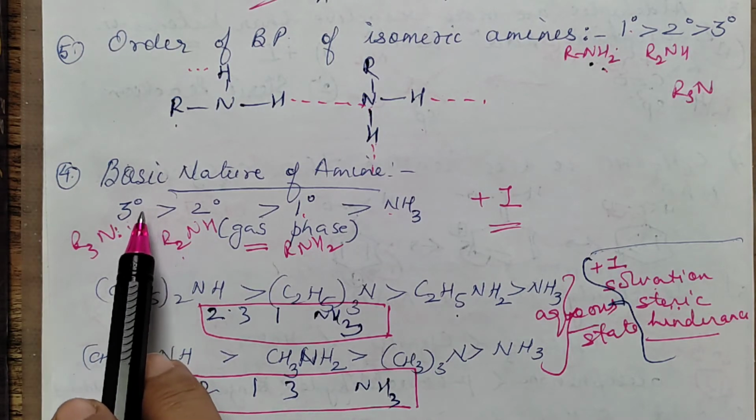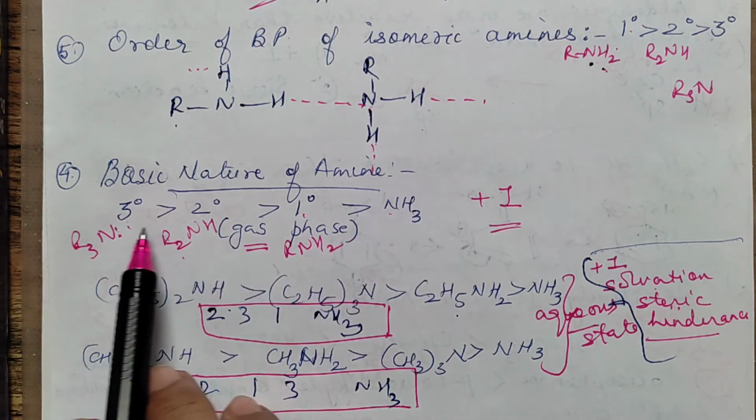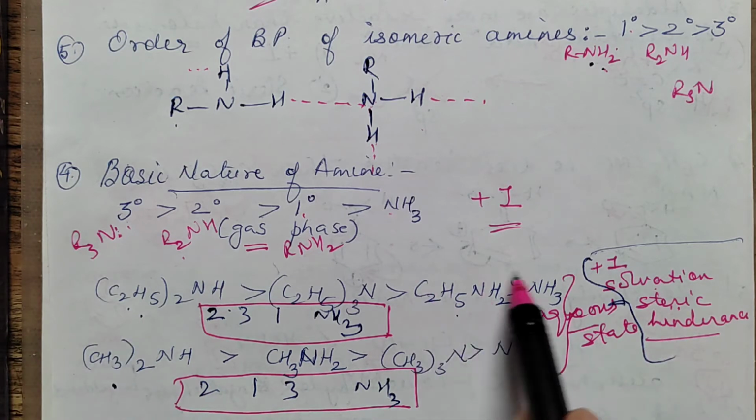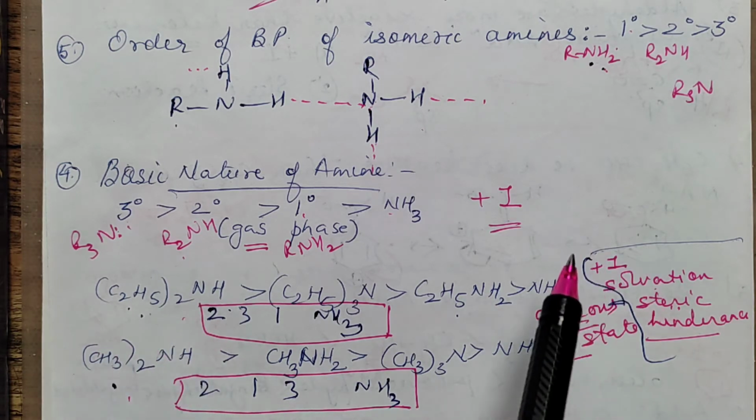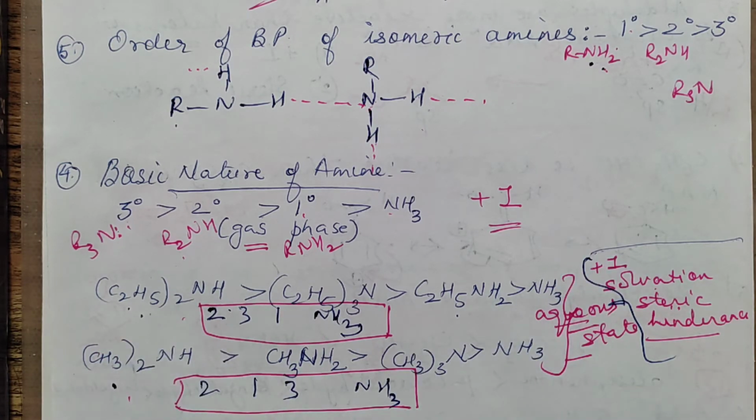Okay, but otherwise if you are remembering, only in the gaseous phase 3 degrees maximum. If it is in the aqueous state, you will have for ethyl and methyl. For ethyl, 2, 3, 1. I am telling in the decreasing order. If it is methyl, 2, 1, 3. Okay, and of course ammonia will be the least.